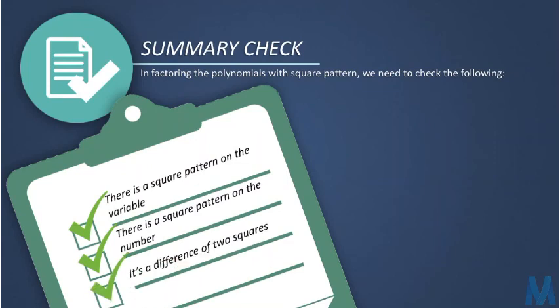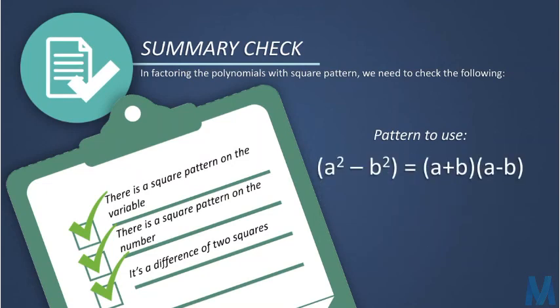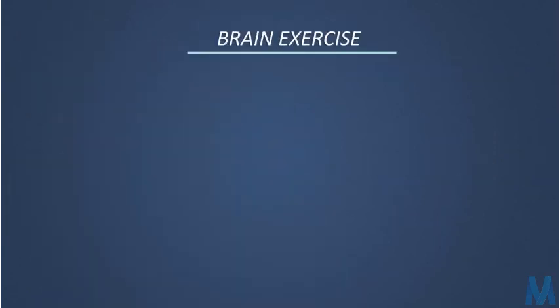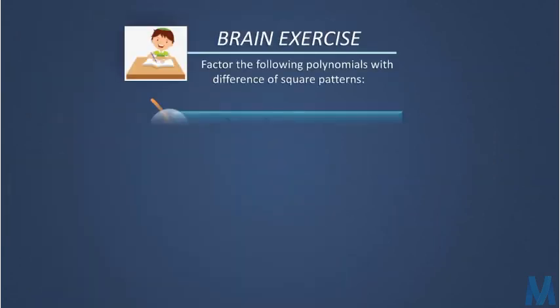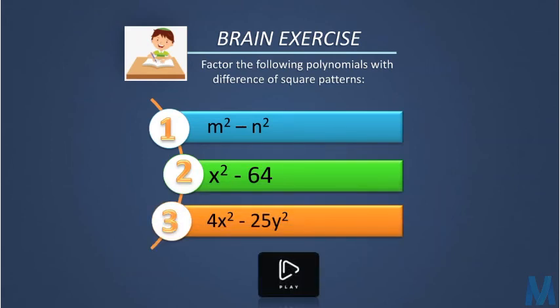The pattern that we are going to use is this pattern: a squared minus b squared equals quantity a plus b times quantity a minus b. Okay, for your exercise, we're going to factor the following polynomials with difference of square patterns.